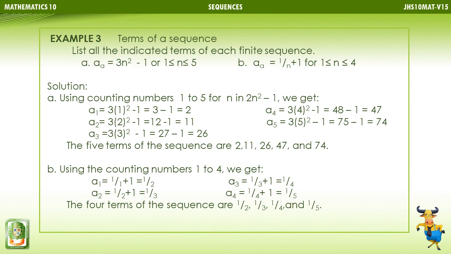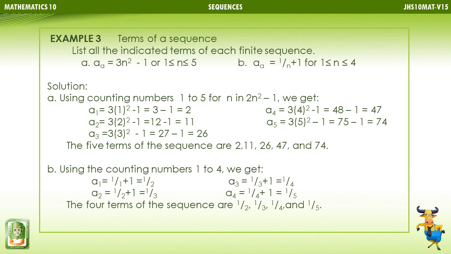Solution. A. Using the counting numbers 1 to 5 for n in 3n squared minus 1, we get a sub 1 equals 3 times 1 squared minus 1 equals 3 minus 1 equals 2. a sub 2 equals 3 times 2 squared minus 1 equals 12 minus 1 equals 11. a sub 3 equals 3 times 3 squared minus 1 equals 27 minus 1 equals 26. a sub 4 equals 3 times 4 squared minus 1 equals 48 minus 1 equals 47. a sub 5 equals 3 times 5 squared minus 1 equals 75 minus 1 equals 74.